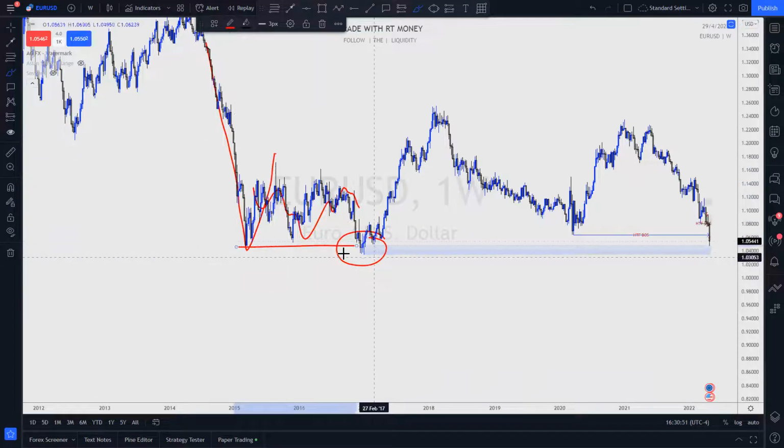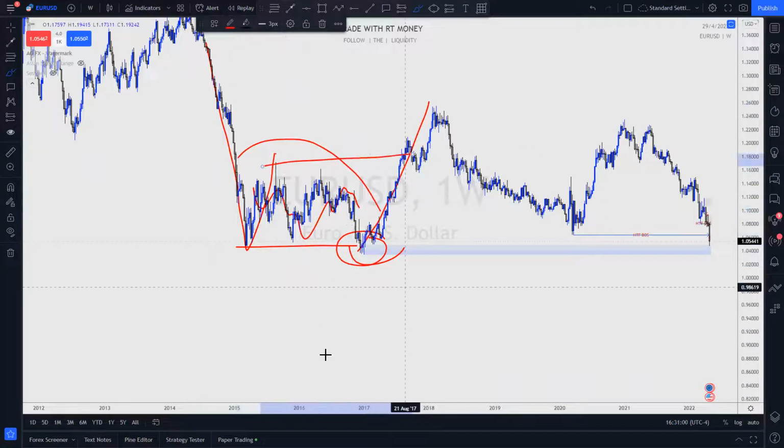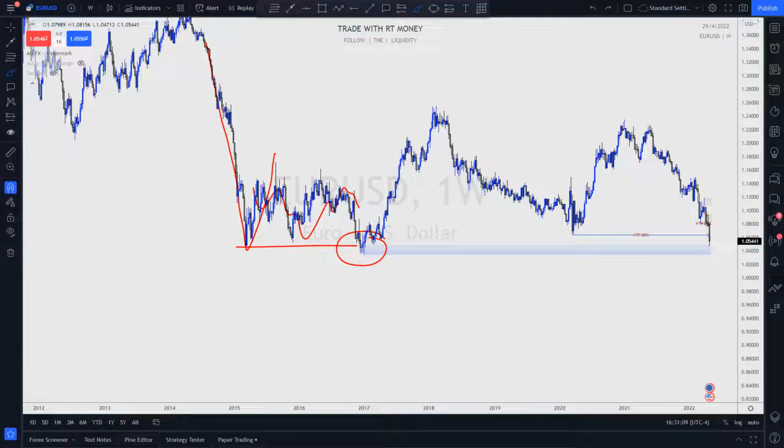We finally got below it here, breaking this low. Then price rockets up, taking out the liquidity here, and more importantly, breaking structure to the upside. We turn bullish here. This is an important structure point.